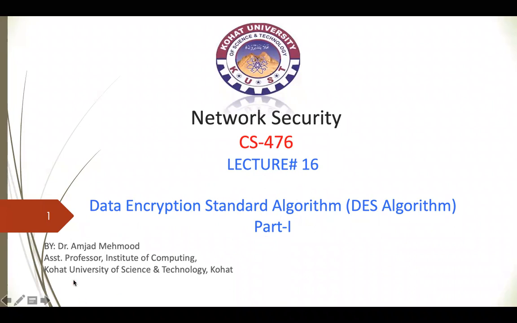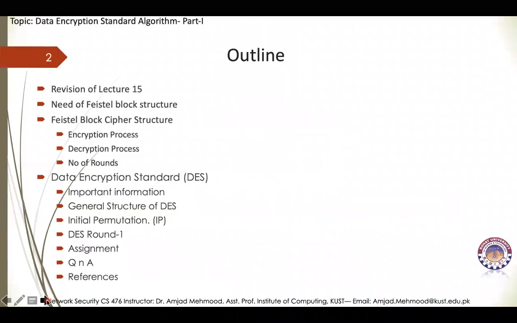So let's get started with the outline. First we will revise lecture number 15. As you know, lecture number 15 was on the topic need of Feistel block structure, and then we will be discussing Feistel block structure processes like the encryption process, the decryption process, and the number of rounds it takes.